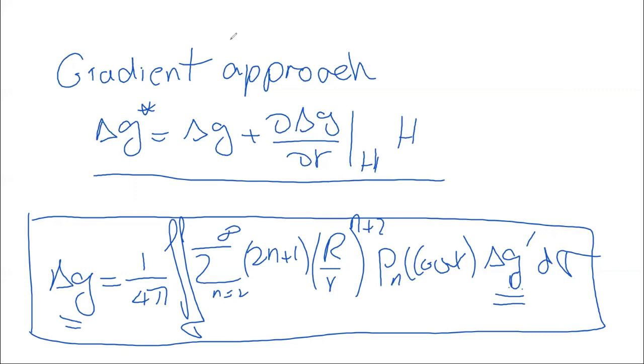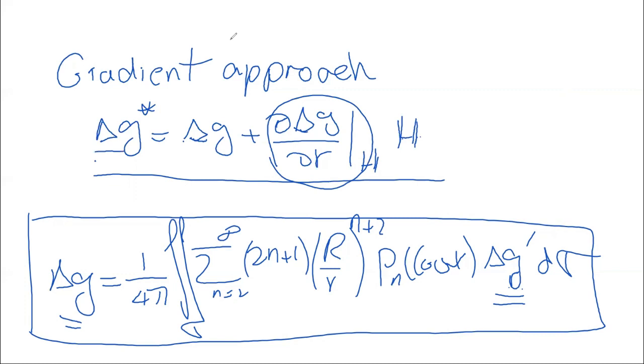So I need to just compute the gradient of the gravity, the radial derivative of it, and this gradient is multiplied by h, and we add it to the surface gravity because it should get larger when it goes down.